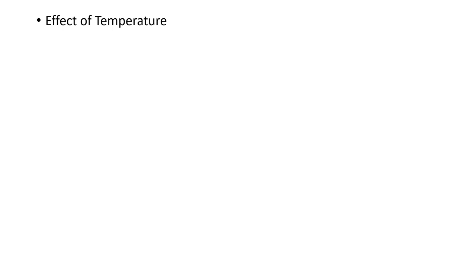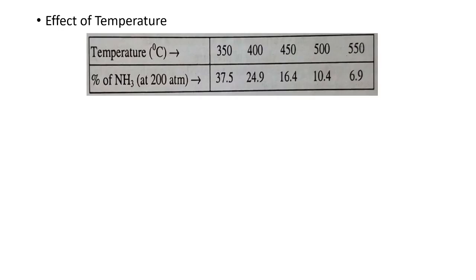So in the table you can see here that as the temperature increases, that is from 350 to 400, look at what happens to the percentage of ammonia. It decreases.